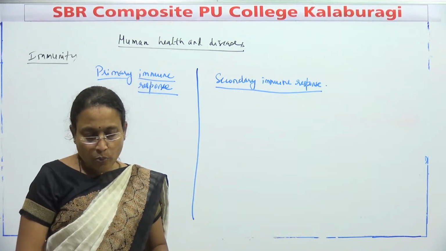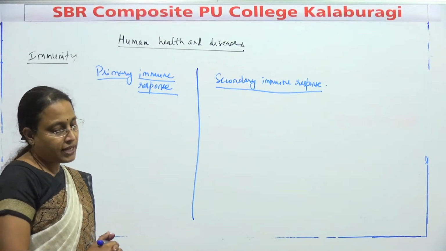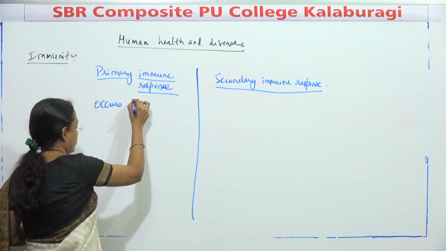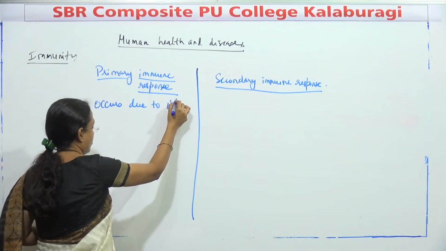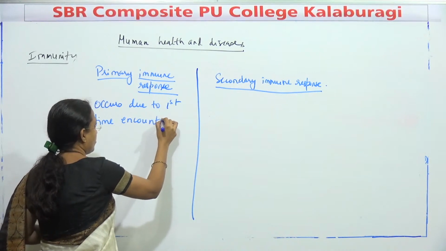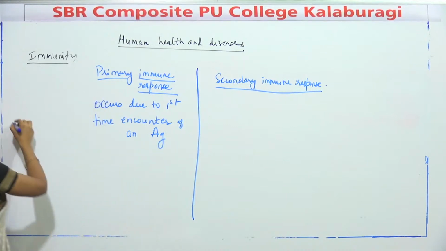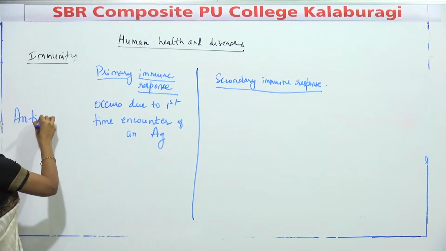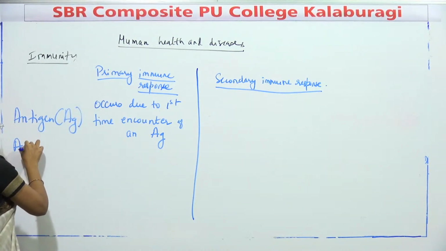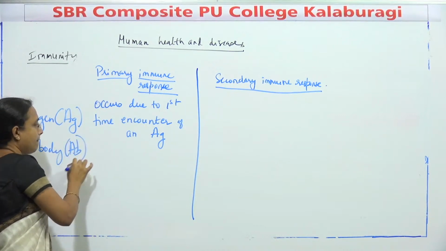So when does the primary immune response occur? It occurs due to the first time encounter of an antigen. So remember, antigen is abbreviated as AG, whereas antibody is abbreviated as AB.